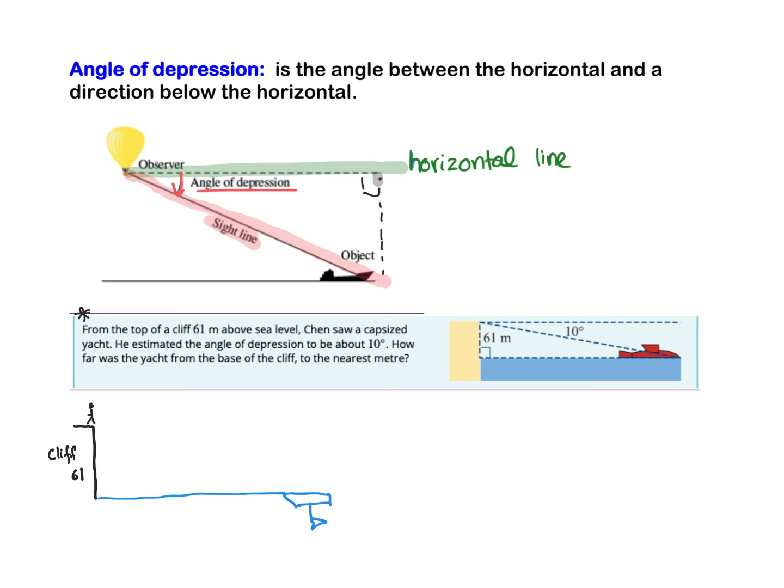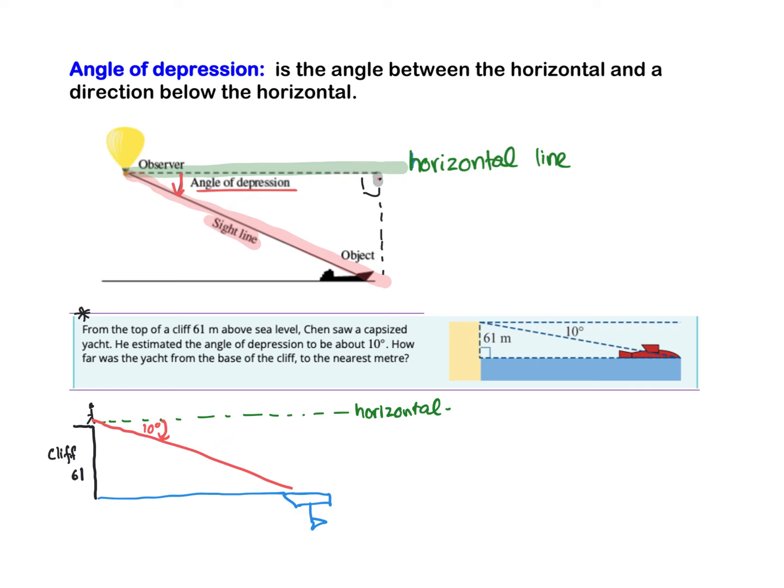So you go from Chen's horizontal. Remember, it's always the horizontal line, and then his line of sight. His line of sight would be from him down to the yacht. When they say he estimates the angle of depression is 10 degrees, it's this angle in here that's 10 degrees.